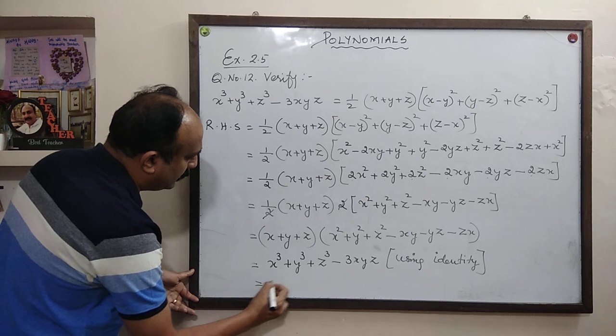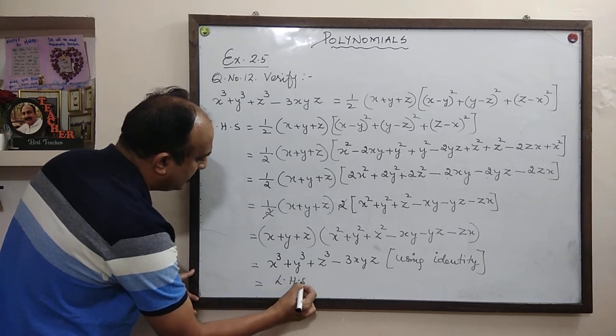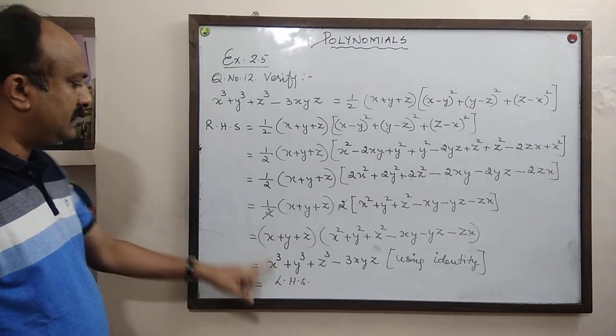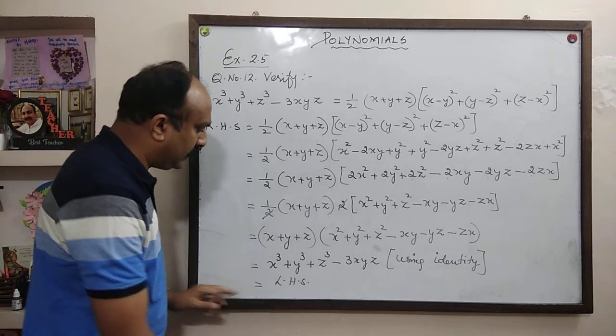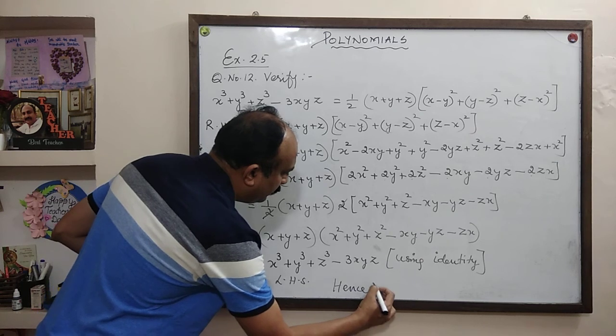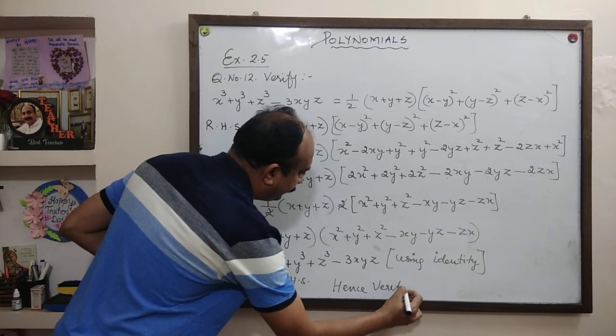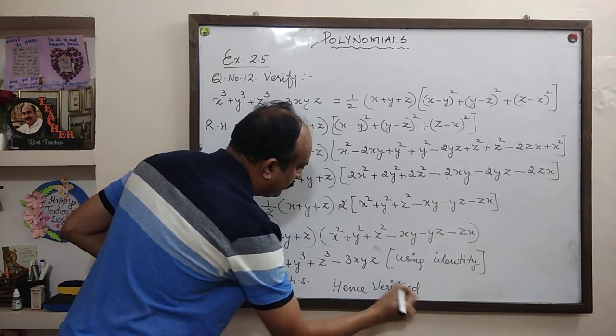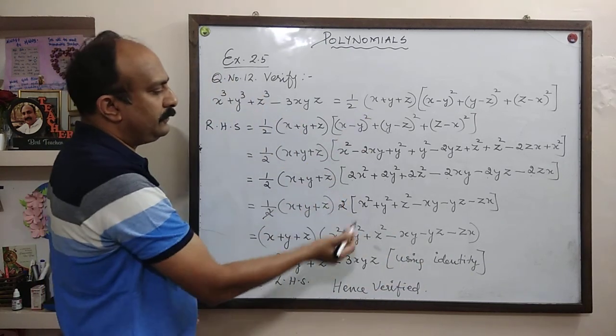Now which is equal to LHS. So we have started with RHS and we got LHS. So you can write finally, hence verified. Hence this question is verified.